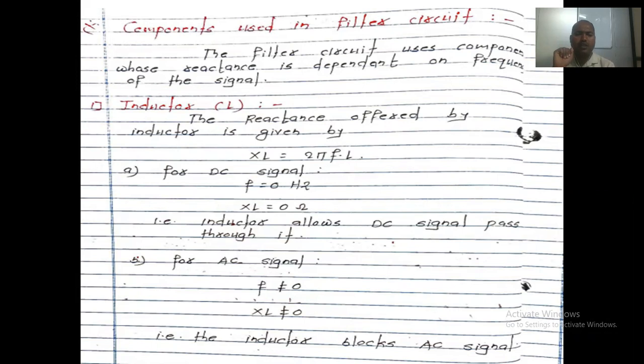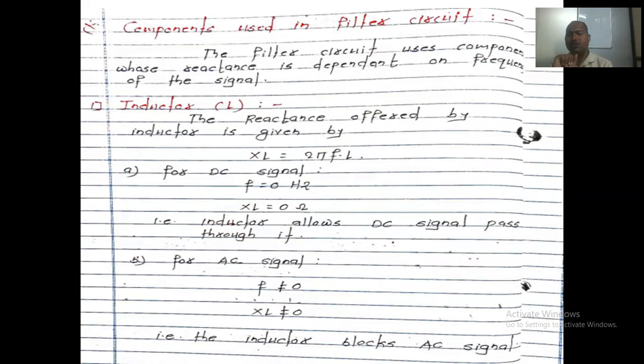The reactance offered by an inductor is given by the equation XL, the inductive reactance, equal to 2 pi FL. Let's consider this for DC as well as AC.